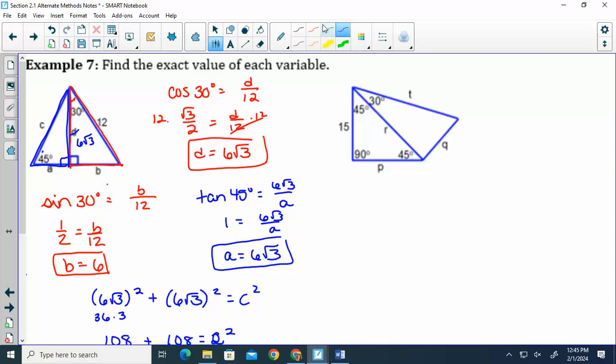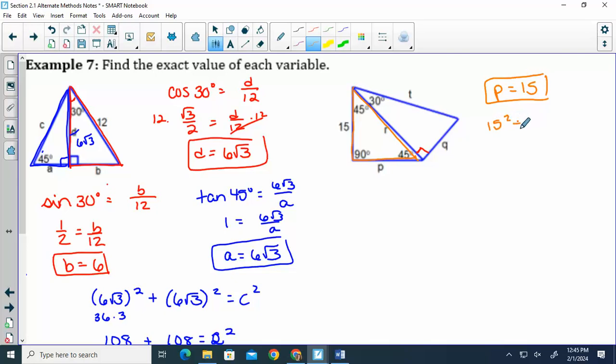Okay, so I have to start, and I'm missing something in this picture. Sorry, this is supposed to have a right angle symbol right here. Okay, so I can't start with this triangle on the right because I don't have any information about it. But if I look at this one, we do know at least one side, so we could work from there. Okay, what did you just say? How do you know P is 15? Yeah. If those angles are both 45, these sides have to be the same. Then how could I easily get R?